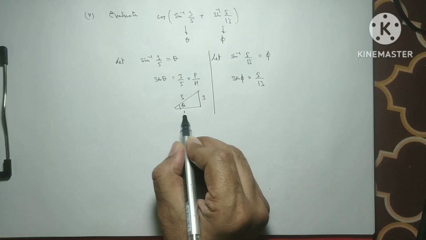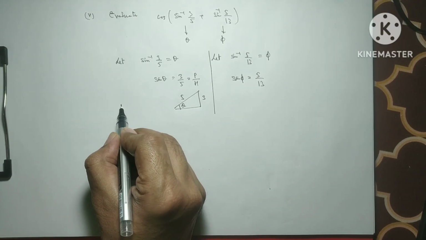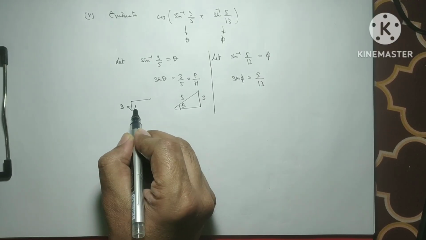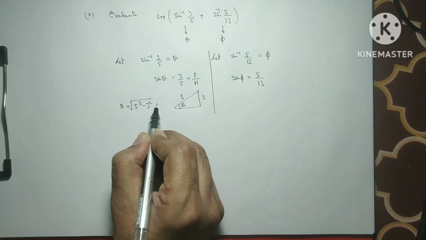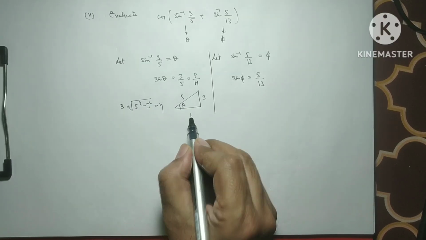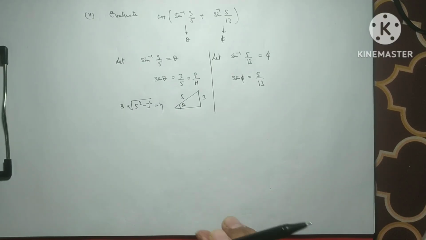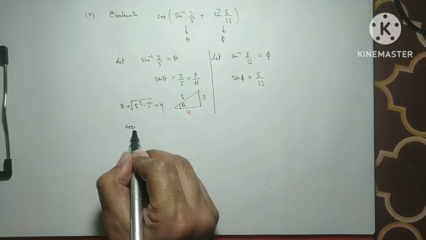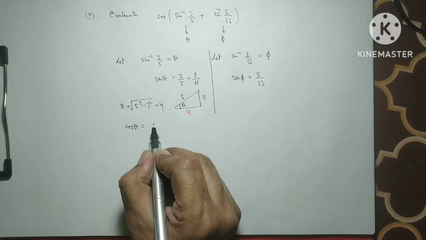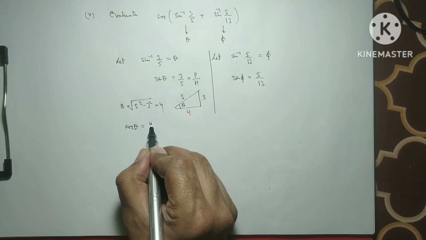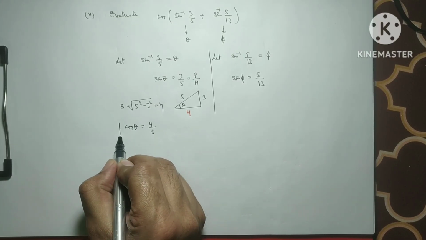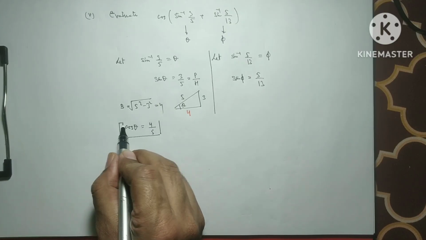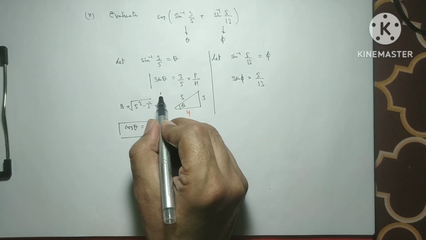It means this base becomes under root 5 square minus 3 square, we get 4. So it is 4. Right now we can collect the value of cos theta, that is 4/5. So we have the value of cos theta and sin theta.